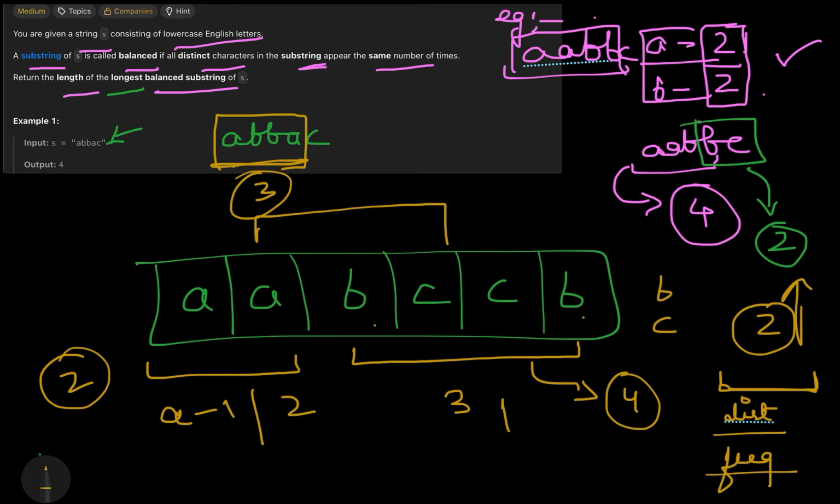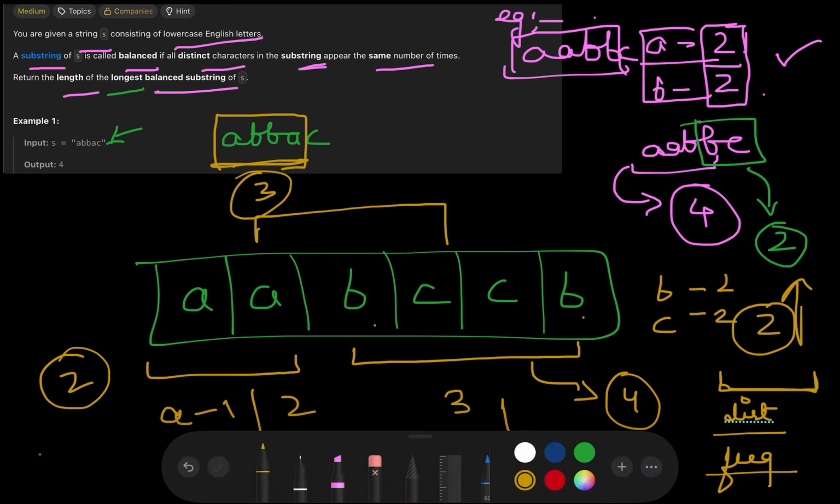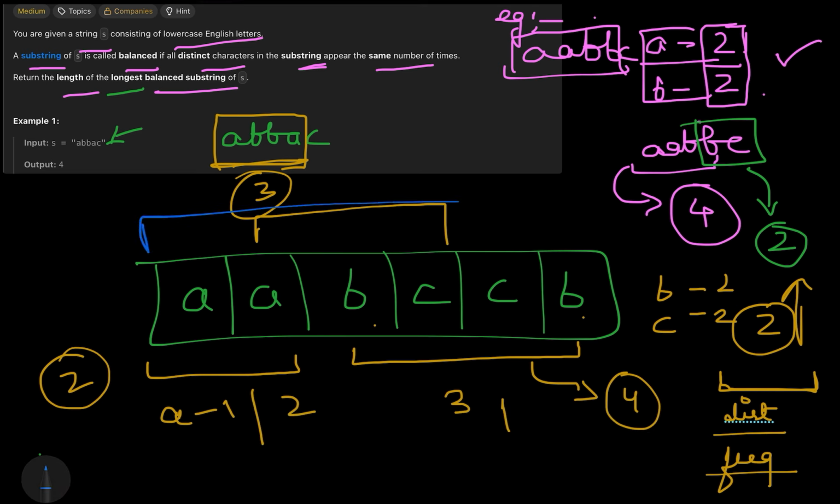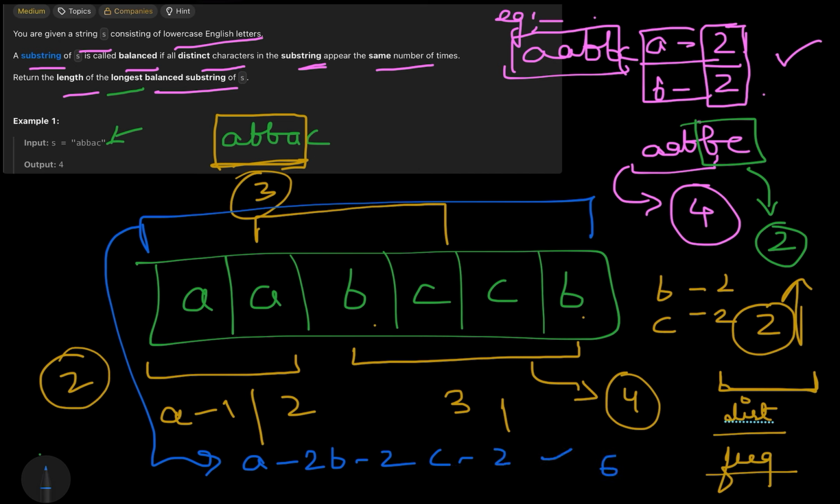Here the distinct letters are 2, that is B and C, and the frequency is 2. And if we take this entire substring, the distinct letters are 3 and the frequency of each letter is 2, which is also the same. So this will be our longest substring.